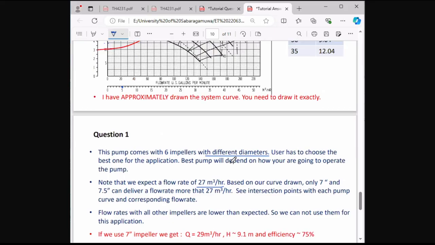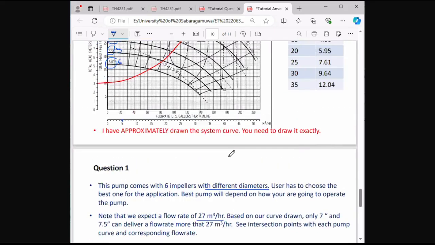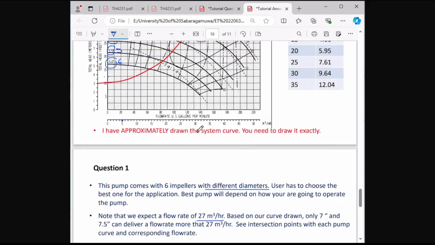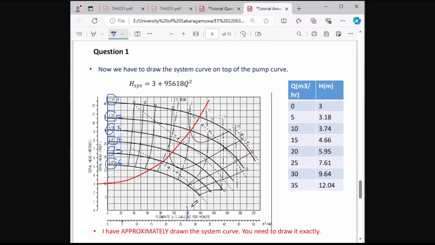According to your graph, you need to identify the 27 cubic meter per hour point. Here you can see 25, 26, 27, this line. I can't draw an accurate vertical line.